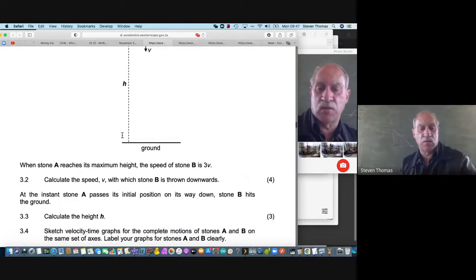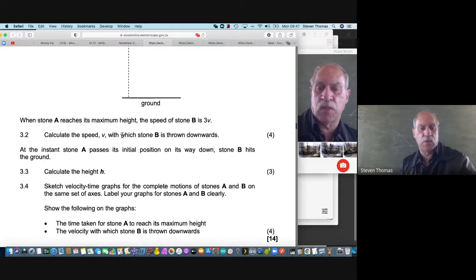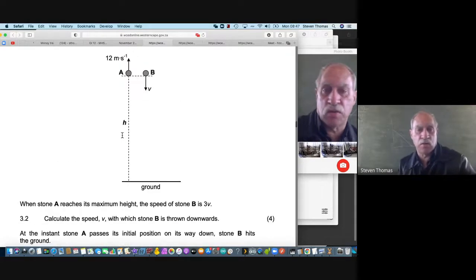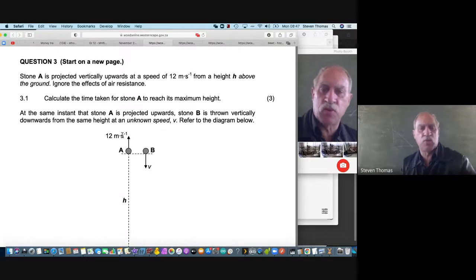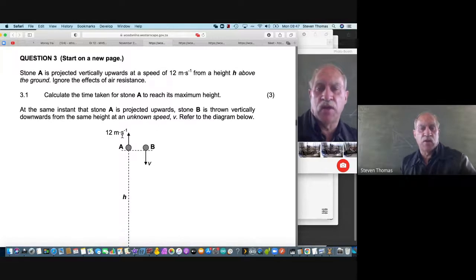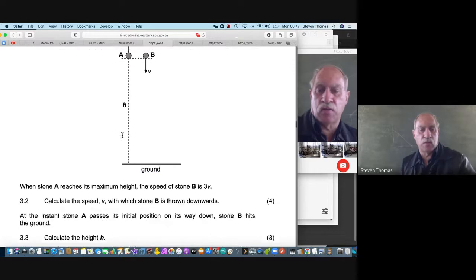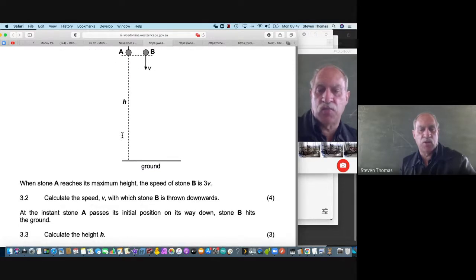How do we calculate h? Calculate the time for A to reach its maximum height. We found that. When stone A reaches its maximum height, the speed of stone B is 3v. Right? That wasn't hard, I mean.